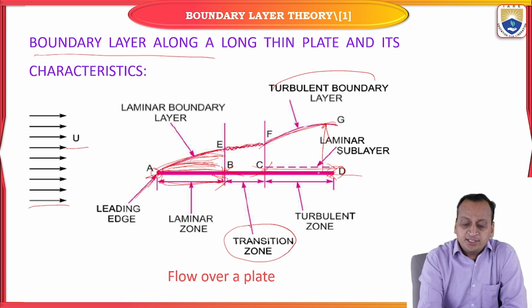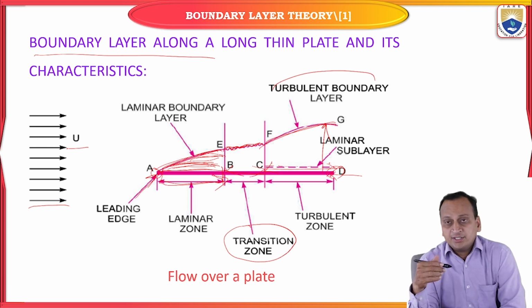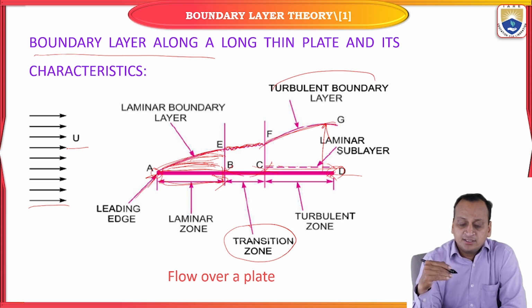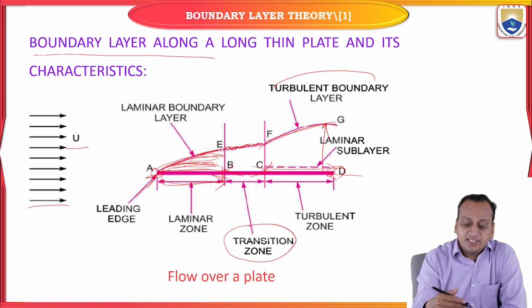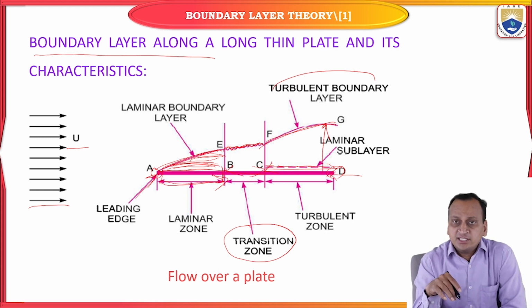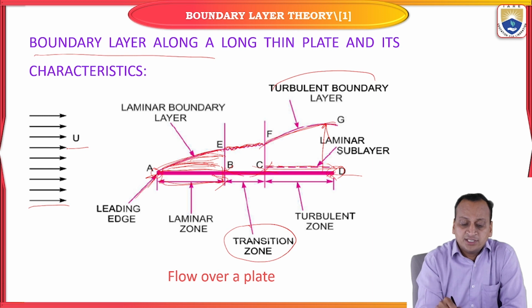Even though it is a turbulent flow, in the portion immediately adjacent to the flat plate, very near the surface of the plate, it will exhibit characteristics similar to the laminar flow pattern.